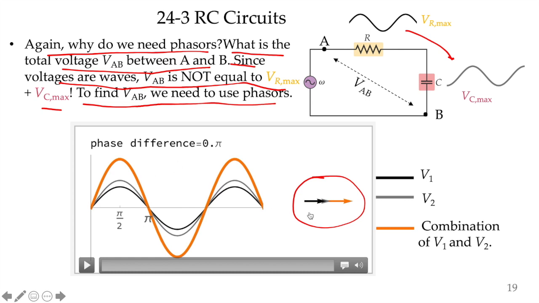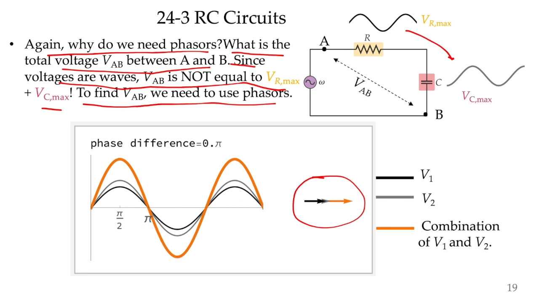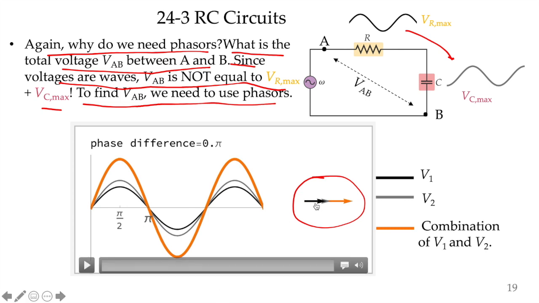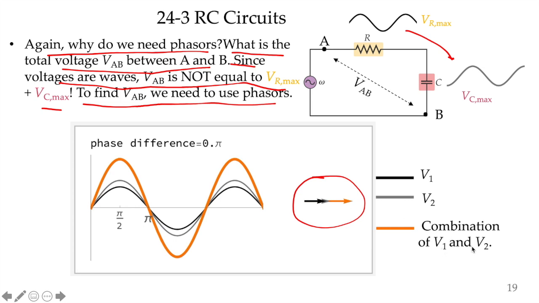Now look at the two vectors, the gray and the black. The phase difference between them is 0. You can see that they are in the same direction, and you can basically add them up, right? So this plus this gives you the total, the combination of V1 and V2.